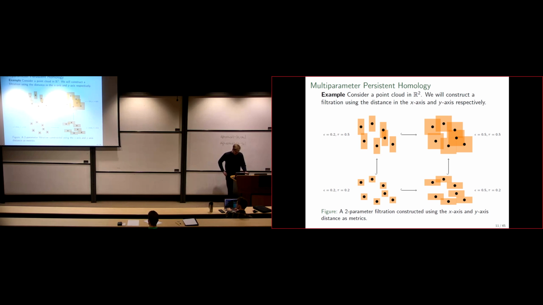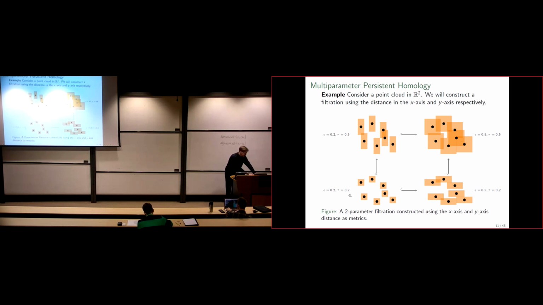So let's look at the first filtration value in this filtration, which is down here. We refer to our filtration values now as the first coordinate being epsilon, which is here 0.2, and tau, which is also 0.2.